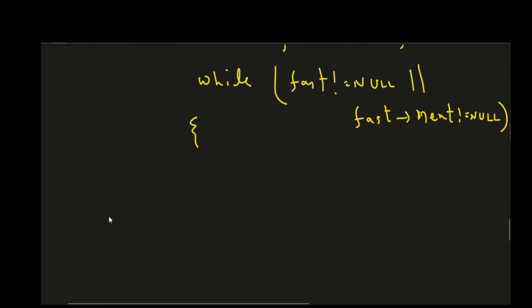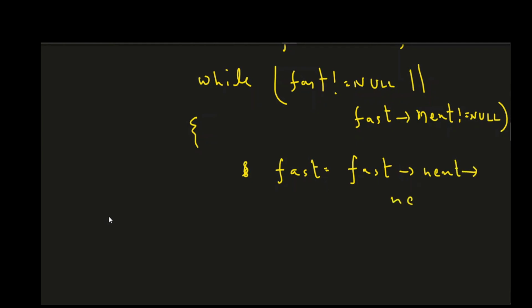Let's take a look. We forward this fast pointer by two nodes. That means we assign fast arrow next arrow next to fast pointer, and we forward the slow pointer by one node. So we assign slow arrow next to slow pointer, right?